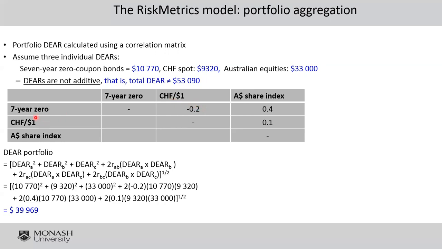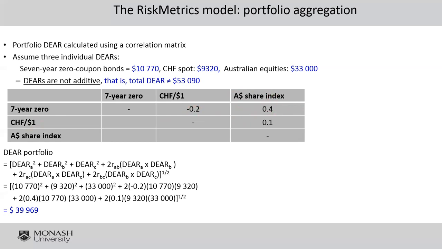And this 7-year also has another correlation between the changes in the fixed income and the share index, the index, which is actually the changes in the equity. And then we also have a correlation between the exchange rate and the index, which is the equities.